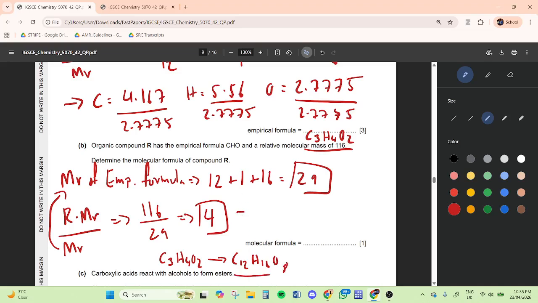But because it's going to be for CHO, which is 1 C, 1 H, and 1 O, all of this will be multiplied by 4, giving us C4, H4, and O4.